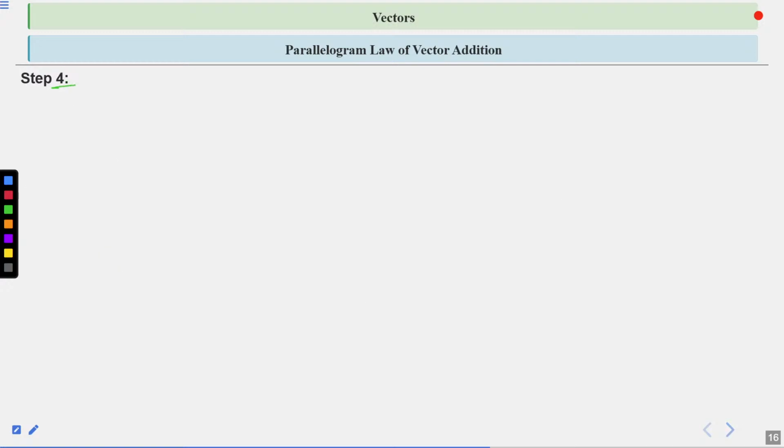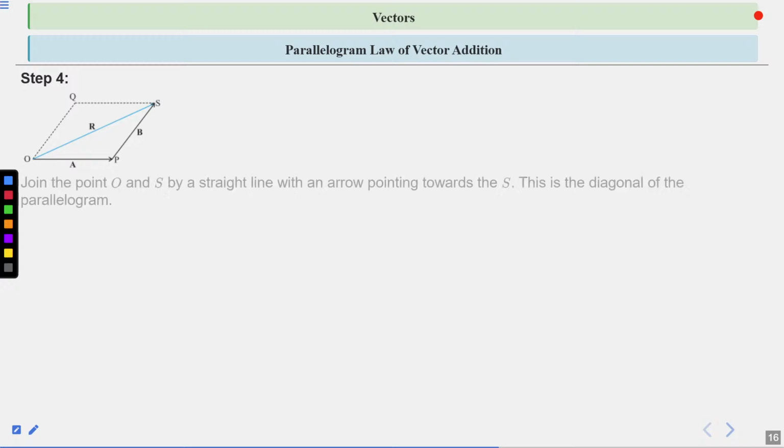Next step, OS is a diagonal vector, or we can say the diagonal of this parallelogram. Join O and S by a straight line with an arrow pointing towards S. The arrow of the OS vector points towards S.